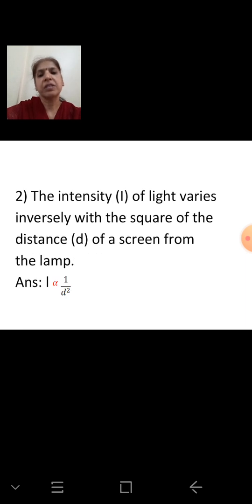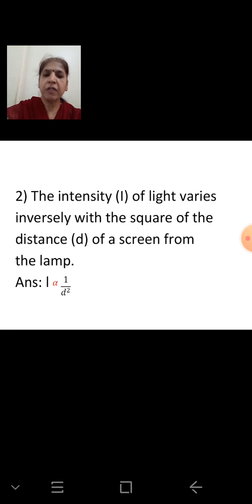Okay, next question. The intensity, this is capital I. The intensity of light varies inversely with the square of the distance d of a screen from the lamp. So what is it? Intensity. Which letter? See what way it is given, we will write the same way. It is capital I, looking like this. So intensity of light waves varies inversely. So first which letter?